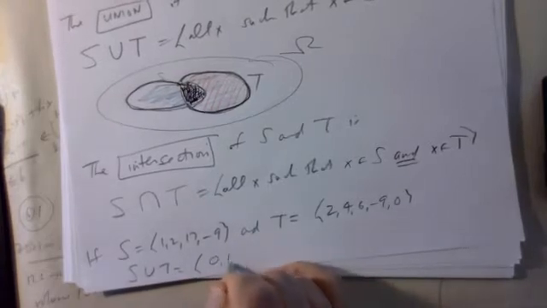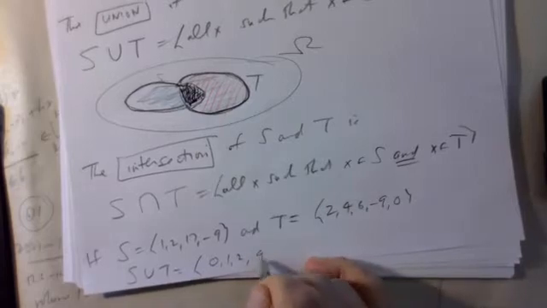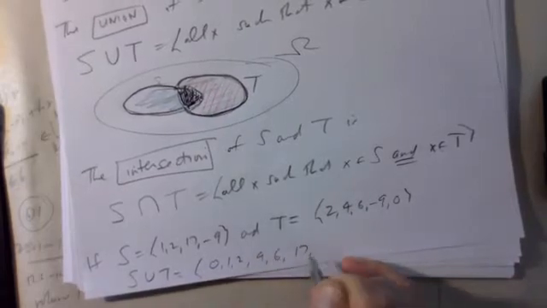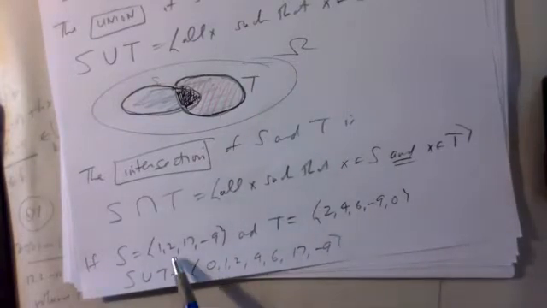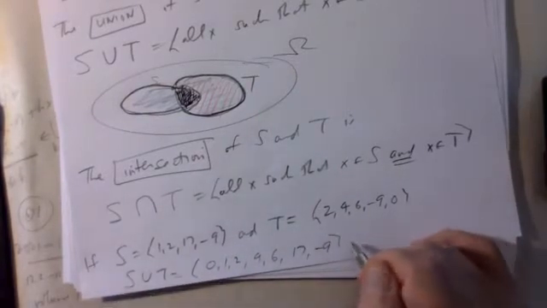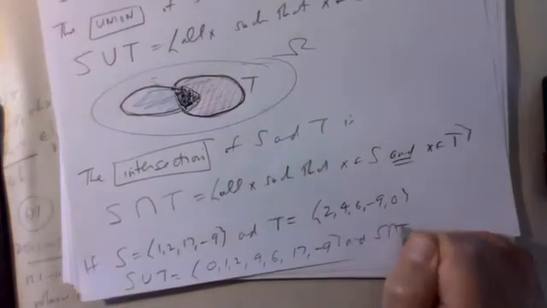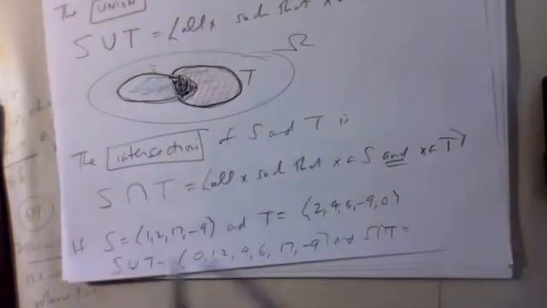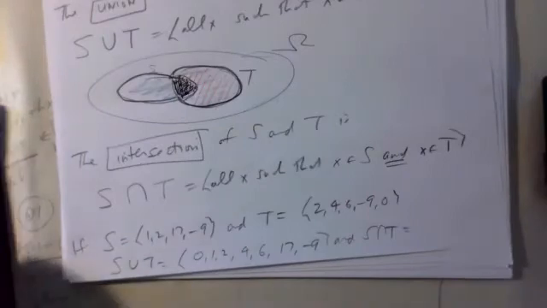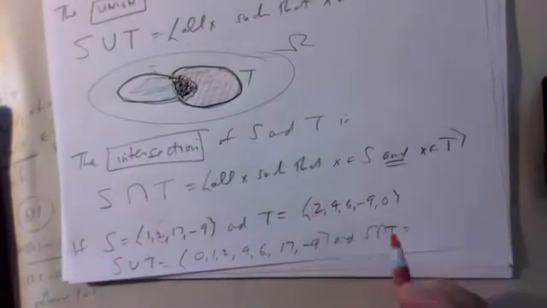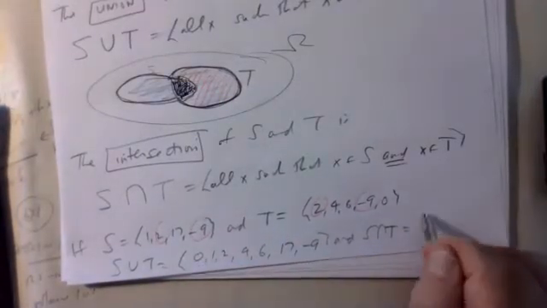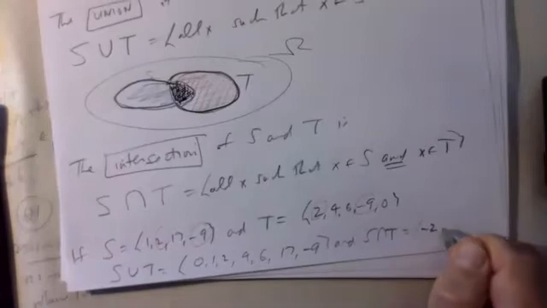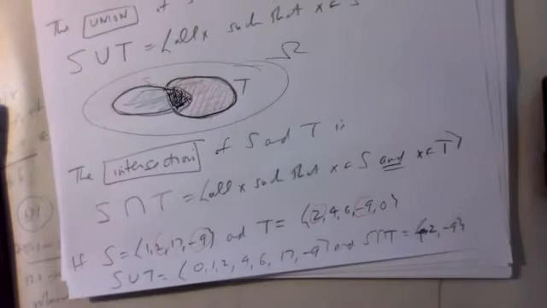So I have 0, 1, 2, 4, 6, 17, minus 9. That's everything which is in one or the other of these sets. And the intersection, what's in both, are just the numbers 2 and minus 9.